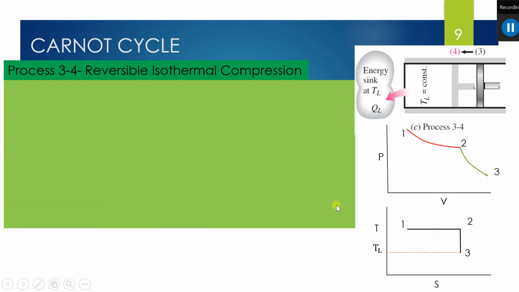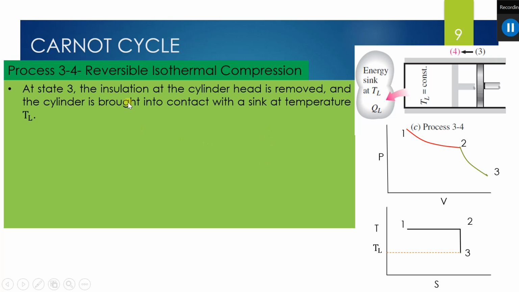And process 3 to 4 is known as the reversible isothermal compression process, in which the insulation at the cylinder head is removed, and the cylinder is brought into contact with the sink at temperature TL.